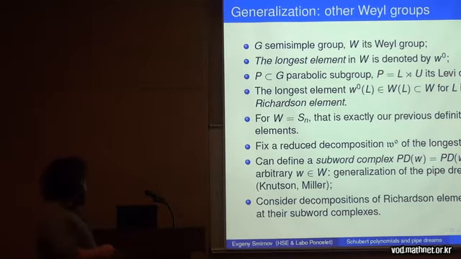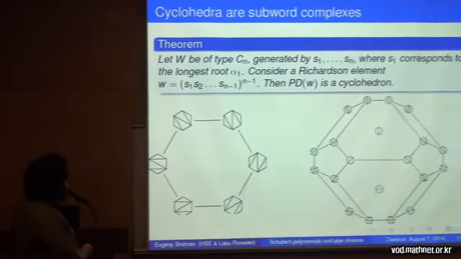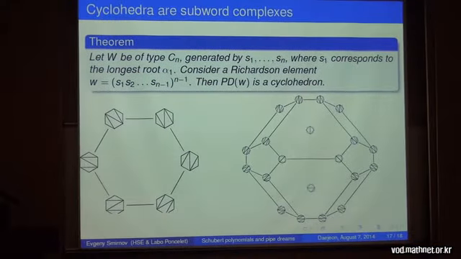And well, in this case, you also can get subword complexes, and you get nice things in other cases, namely for C_n, where you had associahedra in type A, you get cyclohedra in type C. The vertices of those correspond to symmetric triangulations of a polygon with an even number of vertices. Okay, so in such a way you can also get all generalized associahedra by Fomin and Zelevinsky.